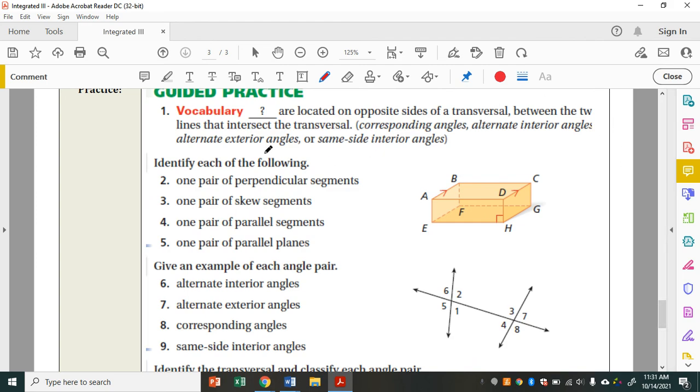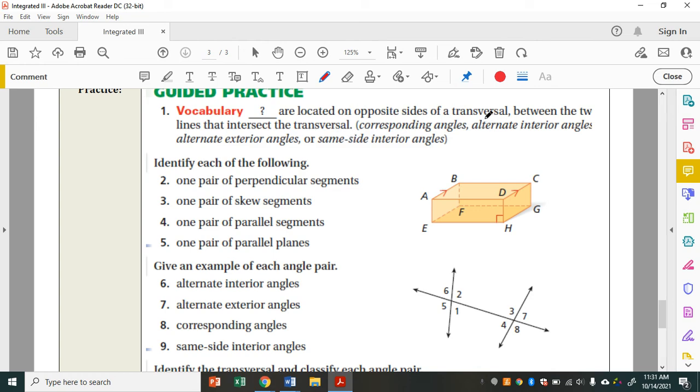Okay, so hopefully you guys have already paused it and took some time to go over this. On number 1, it says, blank are located on opposite sides of a transversal between the two lines that intersect the transversal. And we can fill that in with either corresponding, alternate interior, alternate exterior, or same side interior angles.